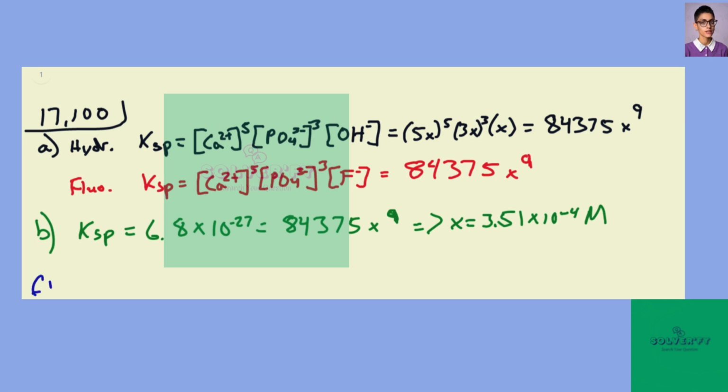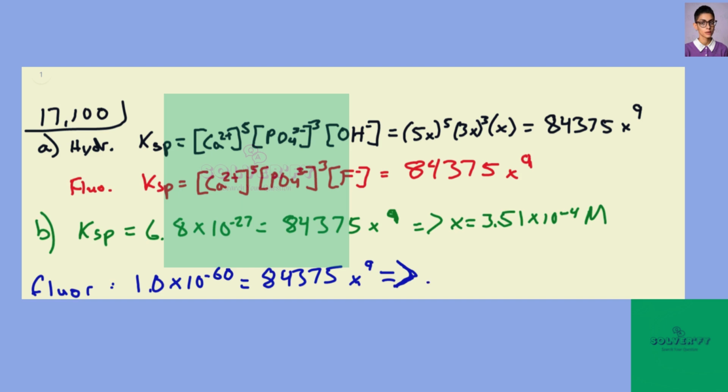For the fluoroapatite, we get 1.0 times 10 to the minus 60 is equal to the same expression, 84,375 x to the 9th. We again divide both sides by 84,375 and take the 9th root.